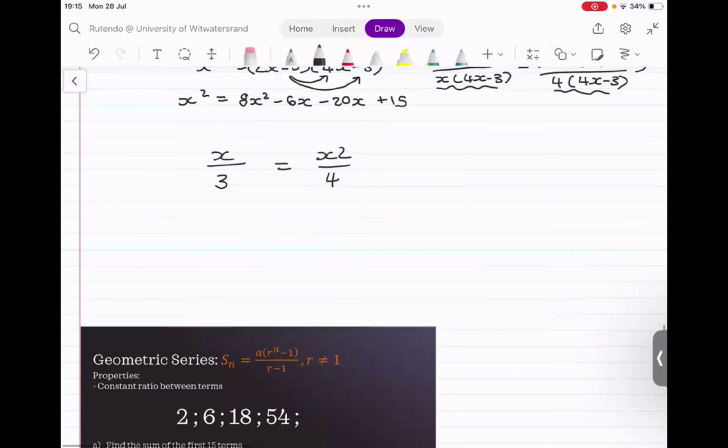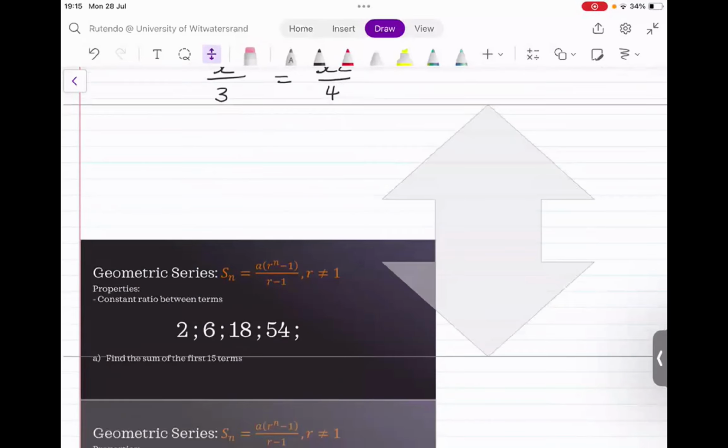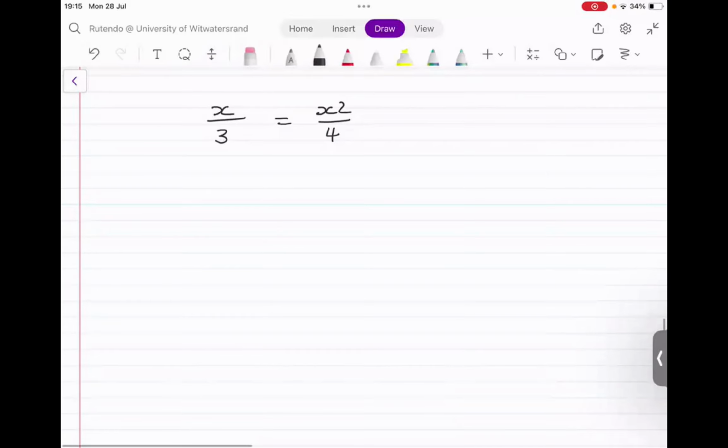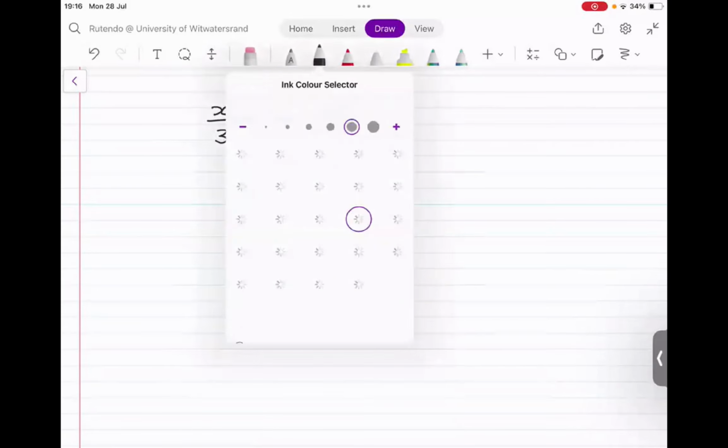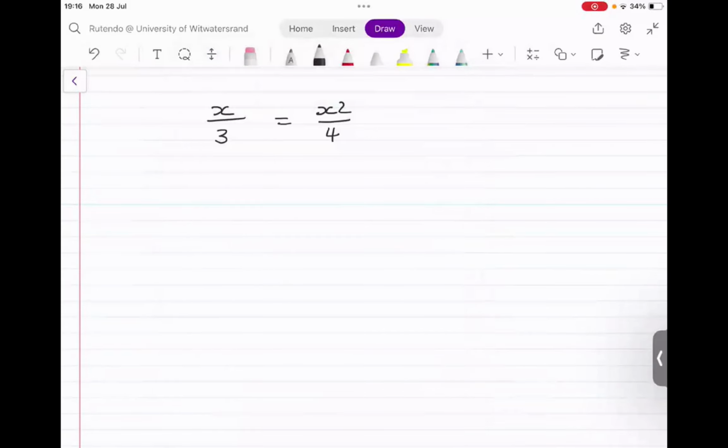So this is a separate question from what we were doing now. You can cross multiply, or you can find the LCD. Both of them are the same. If I was to find an LCD, that would be 12, right?